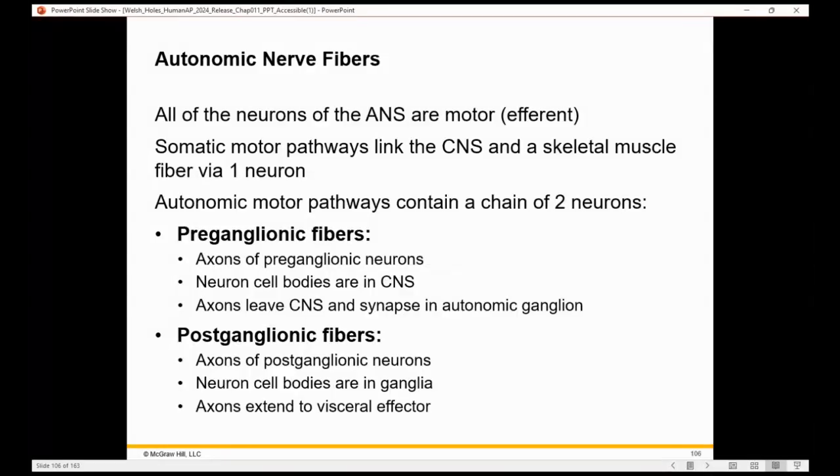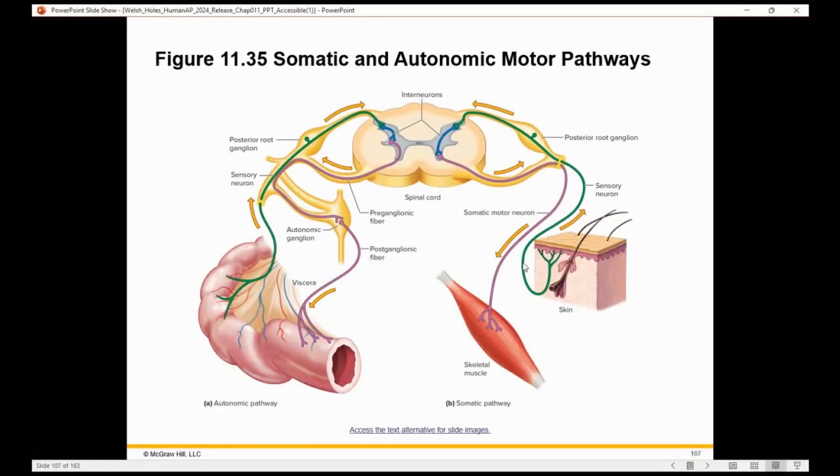The neuron cell bodies are in the central nervous system, and the axons leave the central nervous system and synapse in the autonomic ganglion. The postganglionic fibers are axons of postganglionic neurons. Neuron cell bodies are in the ganglia, and axons extend to the visceral effector. This figure shows you the somatic and autonomic motor pathways.